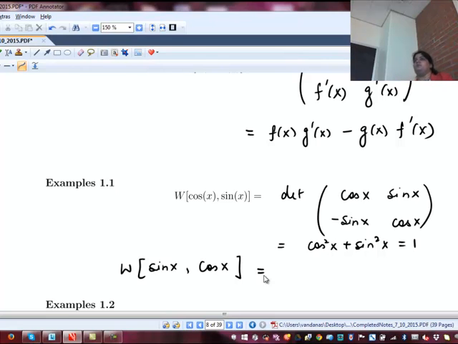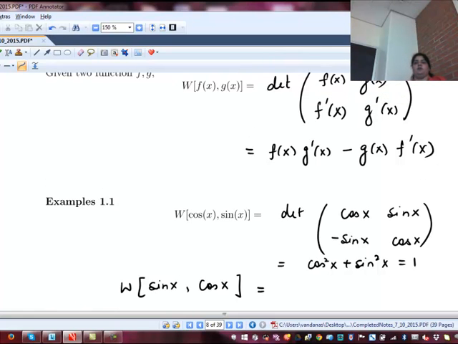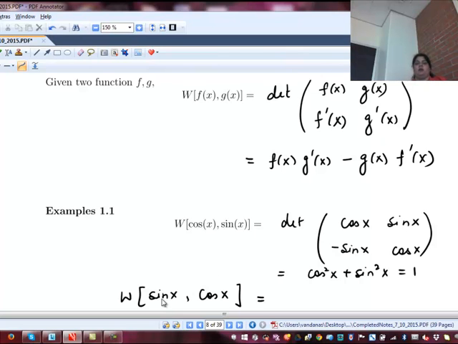Everyone, use the definition of the Wronskian and compute the Wronskian of sine and cosine, and tell me the difference you note in both of them.